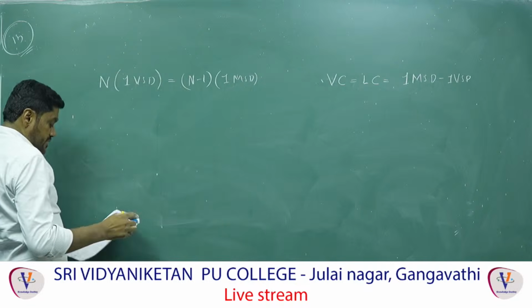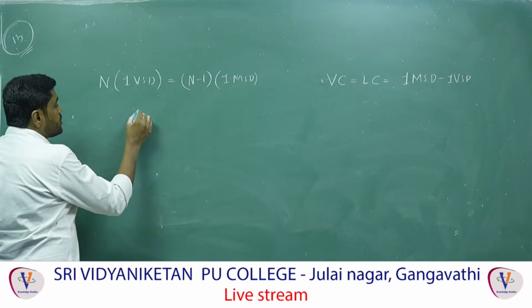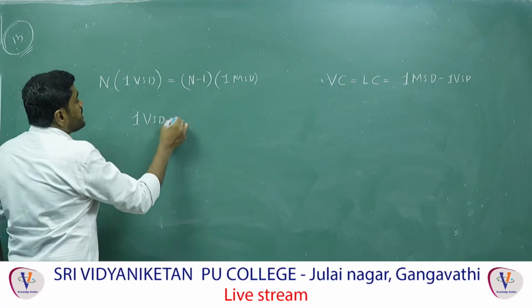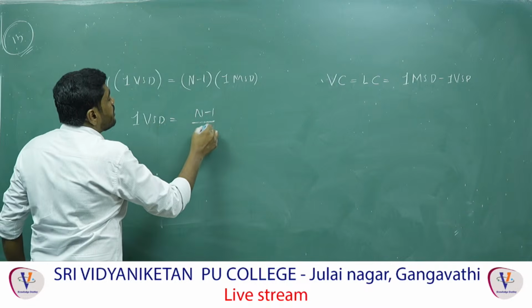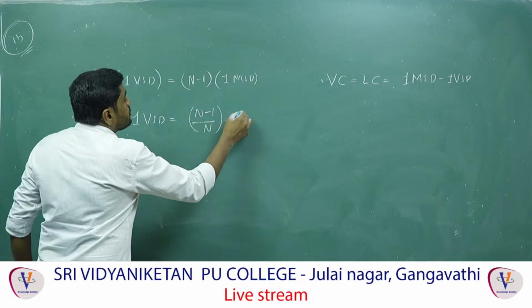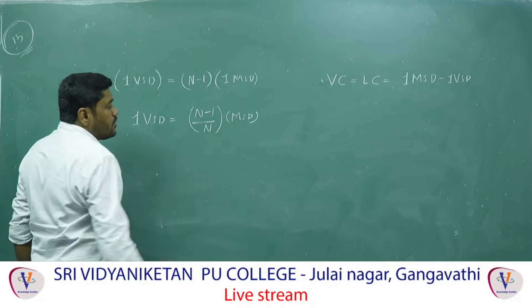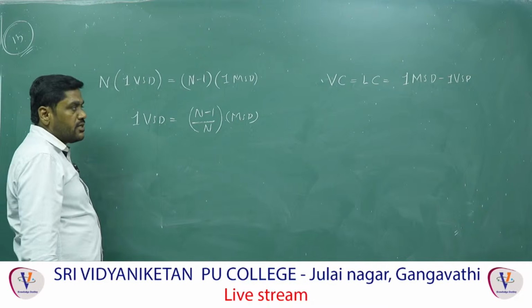From this we can say 1 VSD is equal to (n minus 1) by n into MSD, correct? Now you substitute there, and you can get the answer.